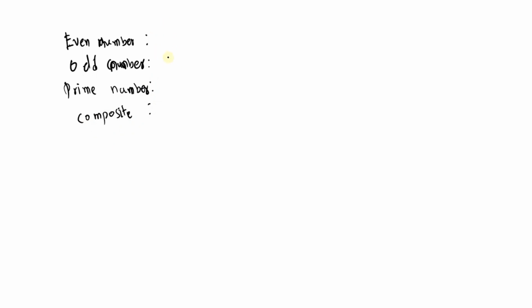So what are even numbers? Even numbers are numbers which are exactly divisible by 2. If any number can be divided by 2 without leaving a remainder, then it is an even number.